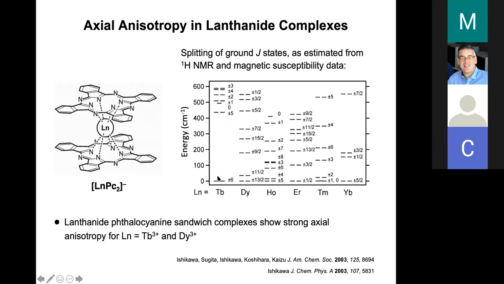You can see very low in energy are the plus and minus 6 M sub J levels. And then there's a large energy gap, and you get to plus or minus 5, then 0, then 1, 2, 4, 3. And so this splitting is, again, occurring because of the impact of the crystal field or ligand field on the ground state.